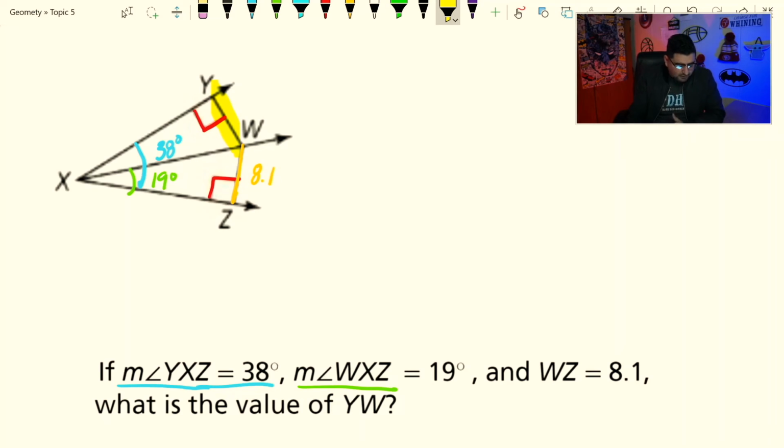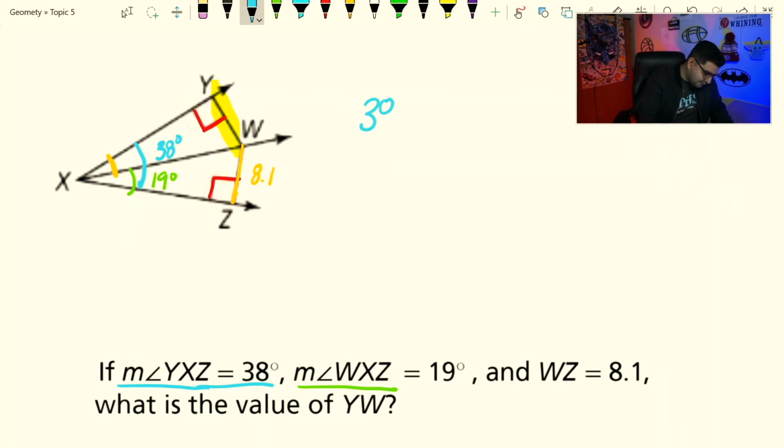So if I want to use the angle bisector theorem, I either have to have these two back sides equal to each other, or these two angles equal to each other. There's no way for me to prove that those two back sides are equal to each other. So I have to see, can I prove that these two angles are equal to each other? There has to be a way for me to find this angle, and there is. If the whole angle is 38 and this lower angle is 19, I can subtract those two.